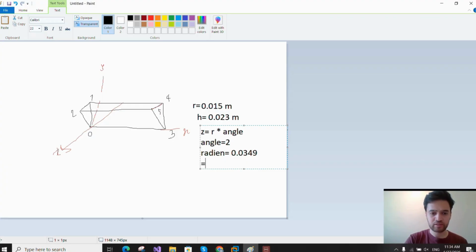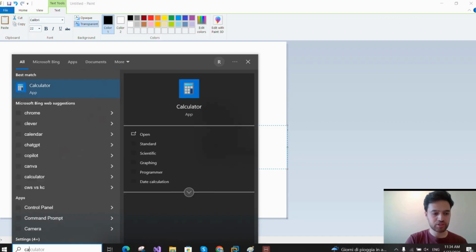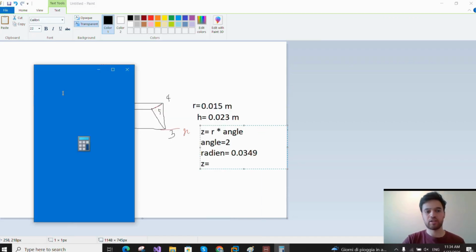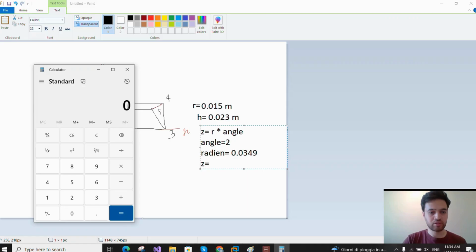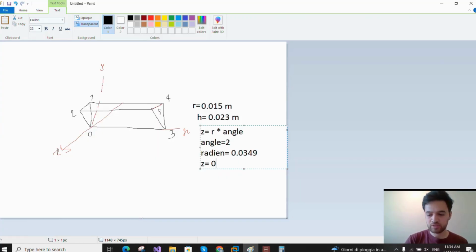And at the end, the z will be, if we do the calculations here, I'm doing it step by step so we don't miss any part, r times theta, which is almost 0.005 meters in the z direction.